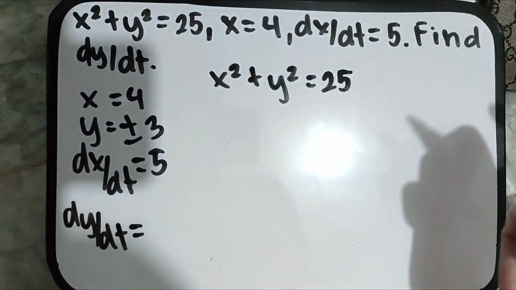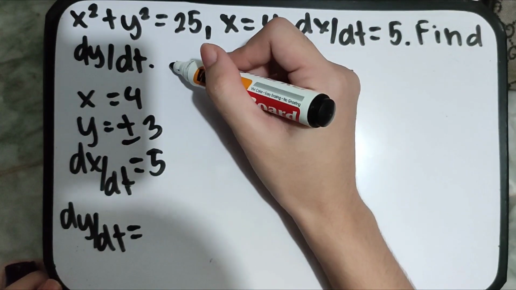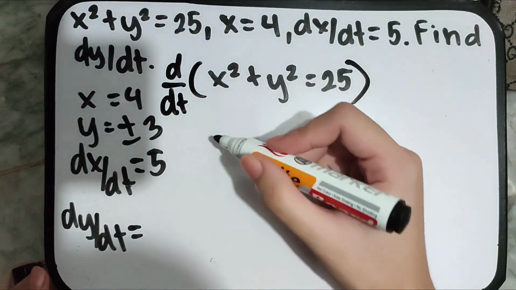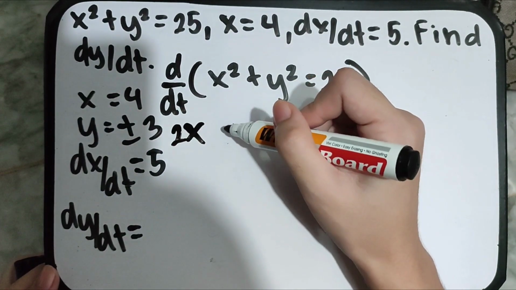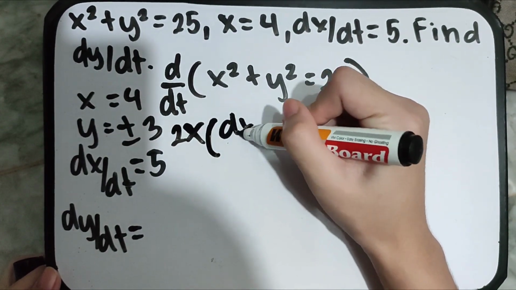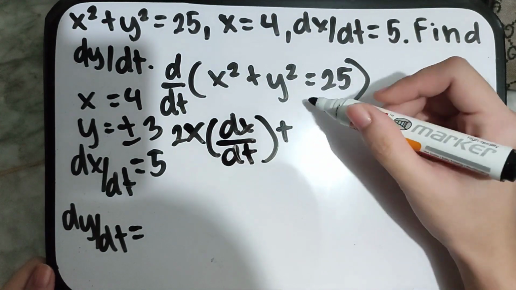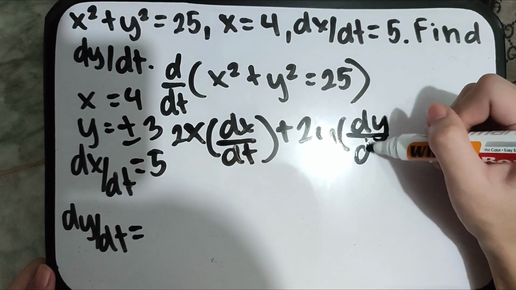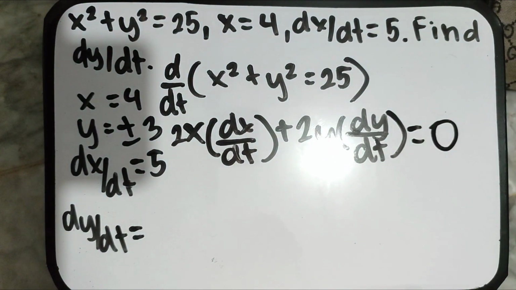So the derivative of x squared is 2x with respect to time, so 2x dx over dt, plus 2y dy over dt, and the derivative of a constant is 0.